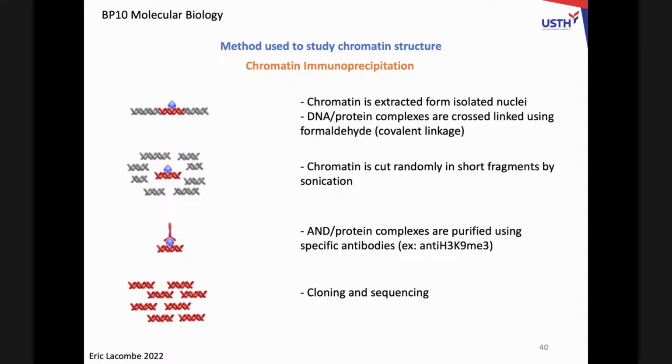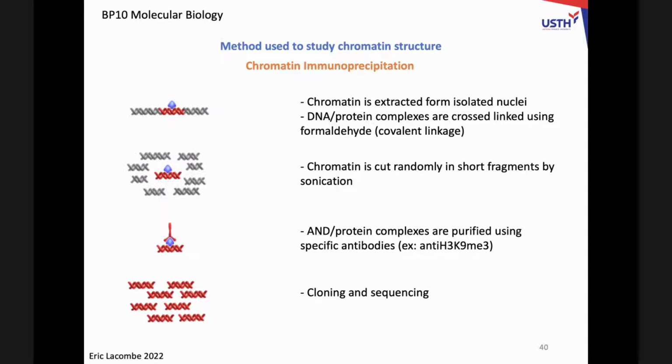I will just show you a few things in terms of heritability of the epigenetic marks, just to show you the laboratory methods that we use to study chromatin structure, because now you have the conceptual background, but technically, how do we study chromatin structure in research in the lab?